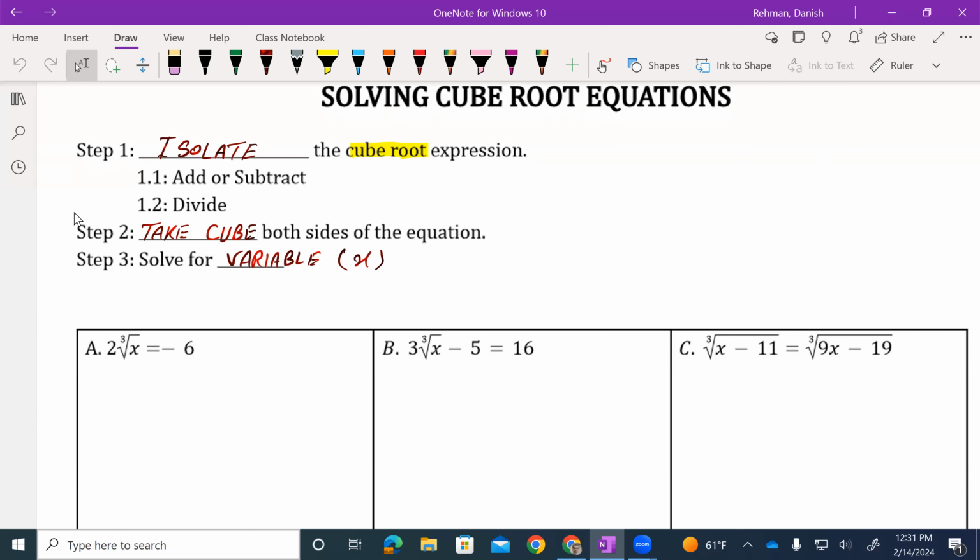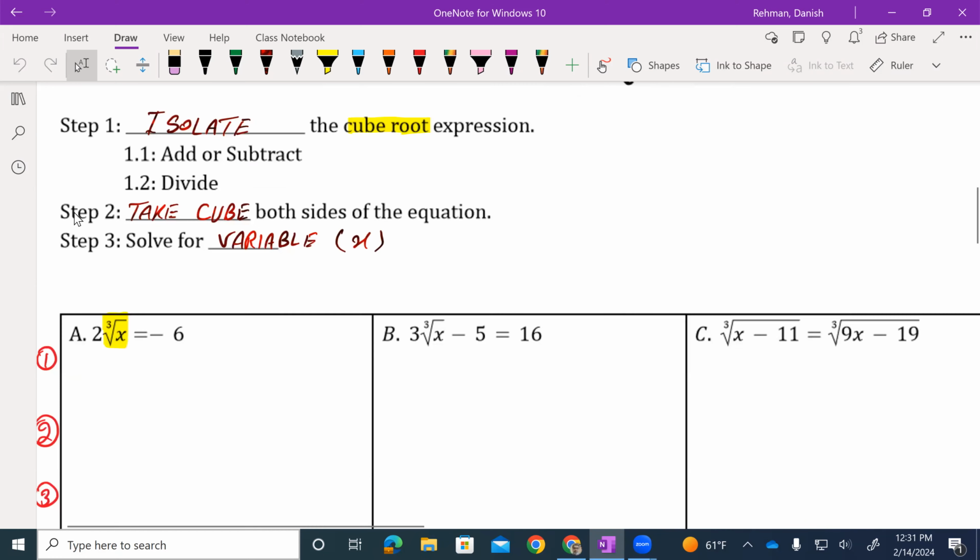What do I do next? Let's think about the steps. Step number 1. So am I fine by solving the question A? Will you allow me to do that? Question A. 3 steps. Step number 1. Isolate. What should I isolate here? I have a cube root term, right? This is my cube root term.